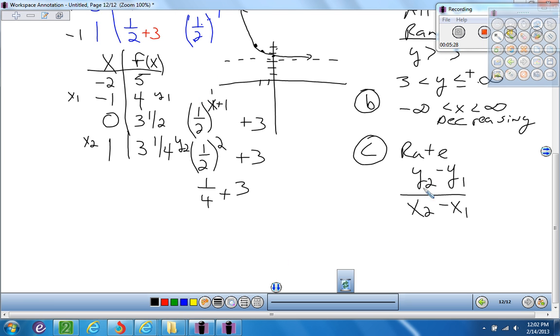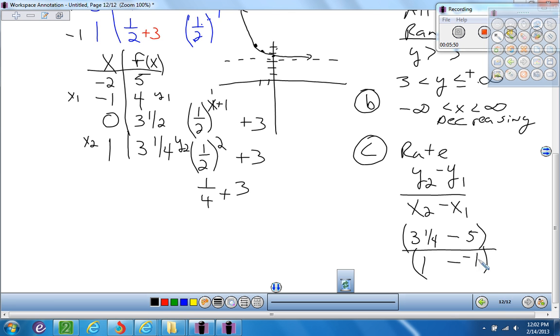Alright, so for y2 we're going to use 3 1/4, minus y1, which was 5. Okay, and then x2 was 1 minus -1.